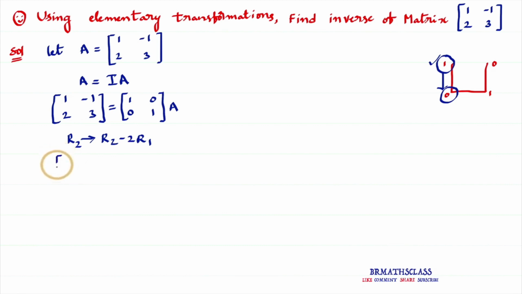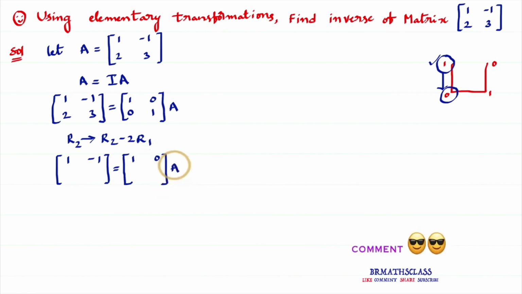Any change is there in R1? You look here. No change in R1, so you write R1 as it is: 1, minus 1, 1, 0, into the matrix A. Now, does R2 change? Yes, R2 changes. What is that? R2 minus 2 into R1. You look here, R2, that is 2, minus 2 into R1.